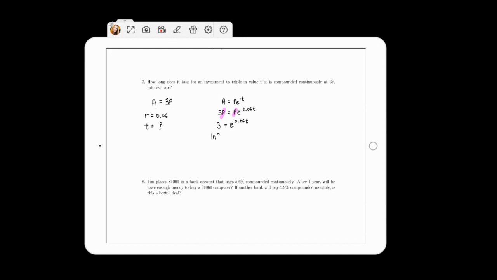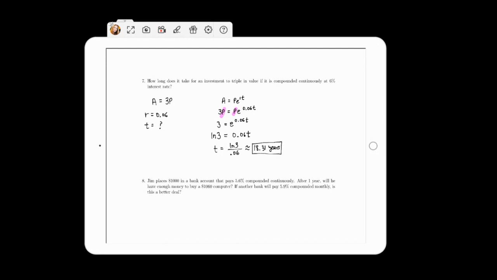So the log of 3 equals 0.06t. And finally, to solve for t, we just divide both sides by 0.06. So t equals the log of 3 divided by 0.06. And when we take it on our calculator, we see that's approximately 18.31 years. Pretty long time, but we're asking to triple an investment, so there's that.